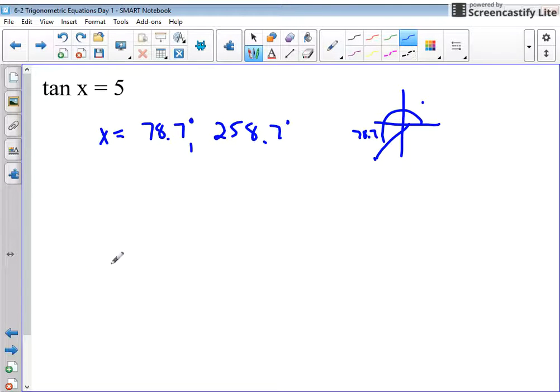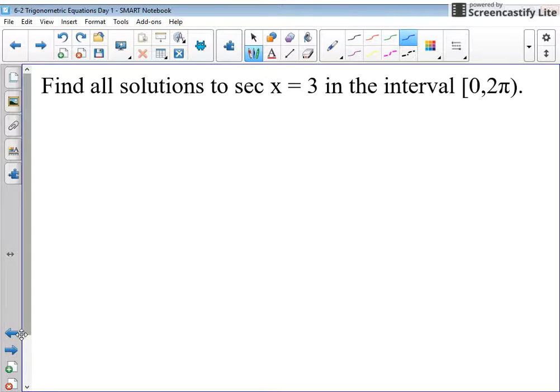And I will get 258.7 degrees. Okay. If I were to find a secant, well, if the secant of an angle is 3, that means the cosine of that angle is 1/3. As far as this is concerned, I could go through the same process that I just did. I'm going to save some time here for you. You would just go ahead and hit second cosine of 1/3, and that will give you that angle.